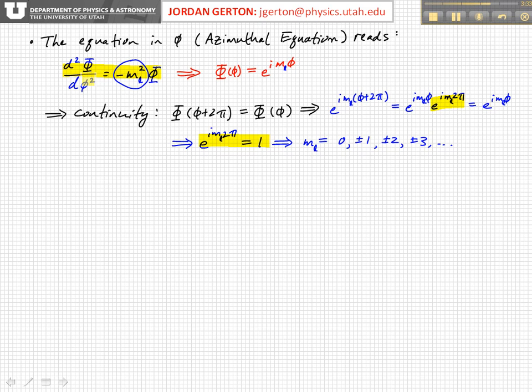We get a quantum number ml, and it's quantized, meaning that it has only certain discrete values that are allowed, and so we'll see what that means in a second.